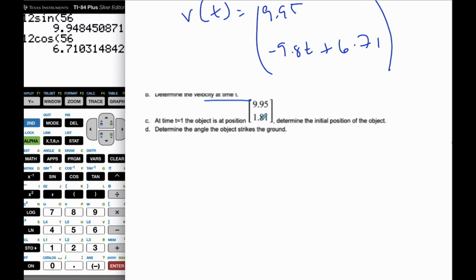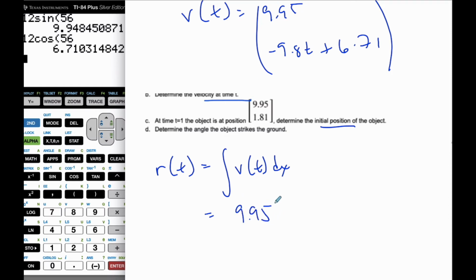Looking at the next part of the problem, it says at time t equals 1, the position is 9.95, 1.81. So now I'm looking for the position: determine the initial position of the object. Well, if I'm looking for the position function, I know that's the integral of my velocity function. Here's my velocity function, so I'm going to get the integral of 9.95, which is 9.95 t plus some constant, I'll call it C1 again.